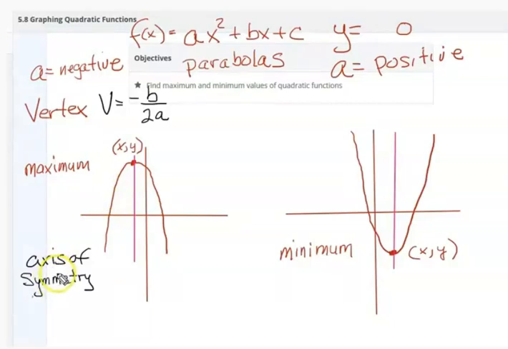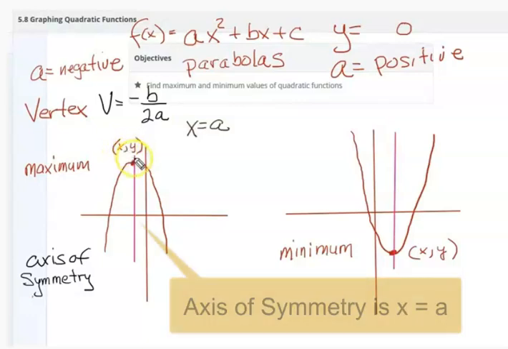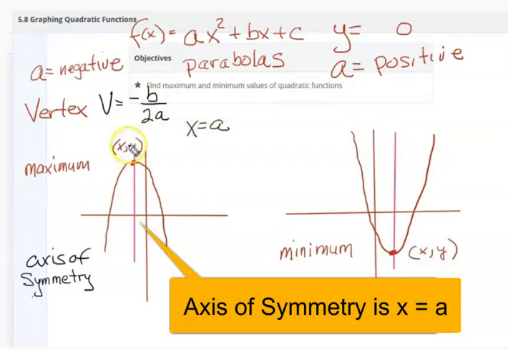Well, by definition, once you find the vertex, that is your x value in particular, and a vertical line in an equation like this, you may recall, is x equals a, and our a value was the x coordinate. Whatever the x value is in the vertex, that will be your axis of symmetry, and it will be x equals a.